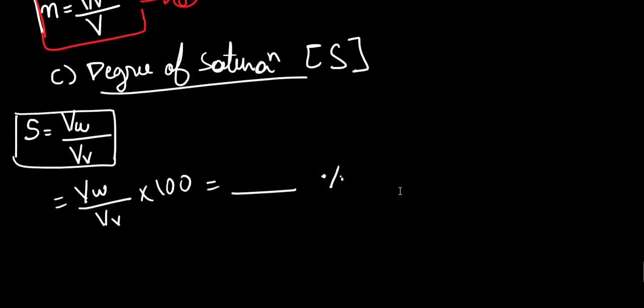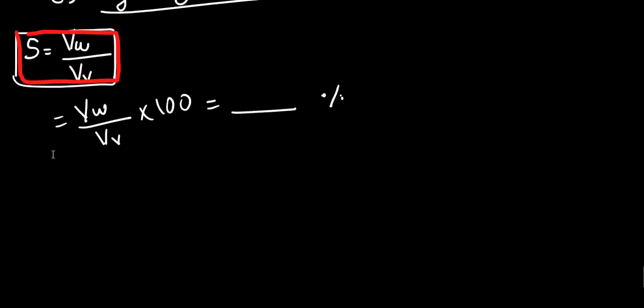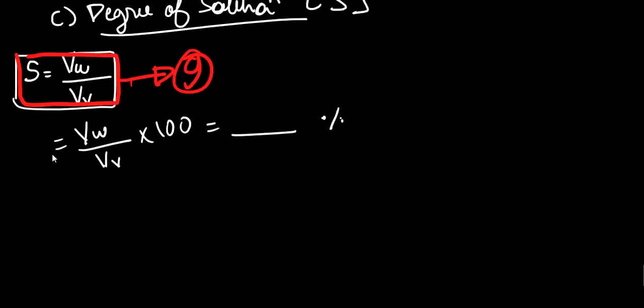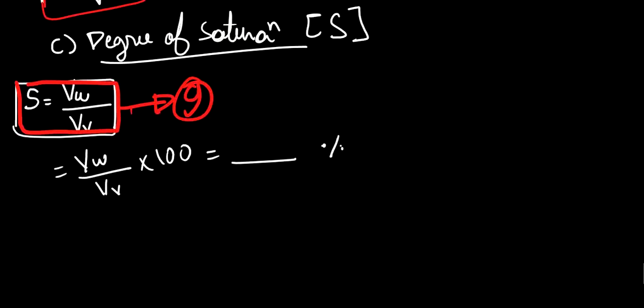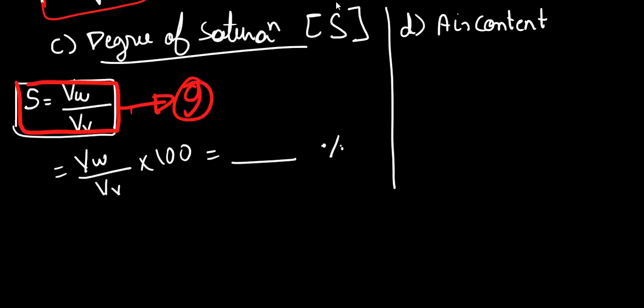Let's number this as the 9th relation. This is about degree of saturation. Another thing, which is totally opposite to the degree of saturation, is air content. We represent it as AC, small a and in subscript small c.